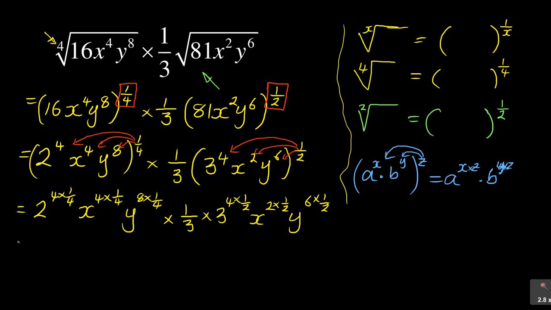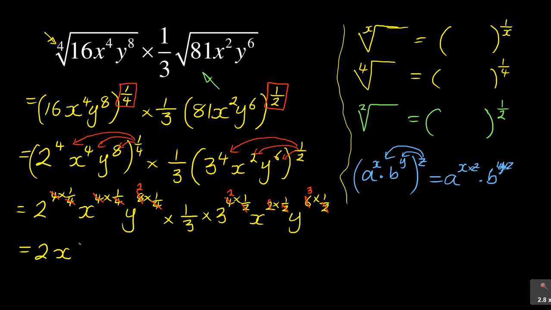So this is the next simplification that you're supposed to do, and then you can now cancel out 4 and 4 there, the 4 and 8 will give you a 2 there, the 2 and 4 gives you a 2 there, the 2 and 2 cancels, and the 2 and 6 gives you a 3 there.